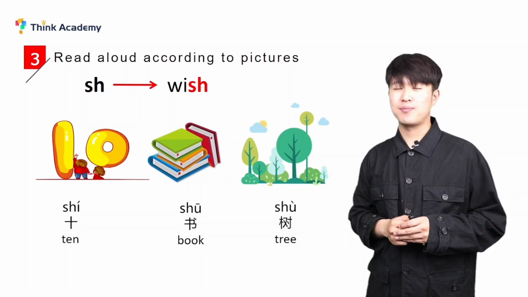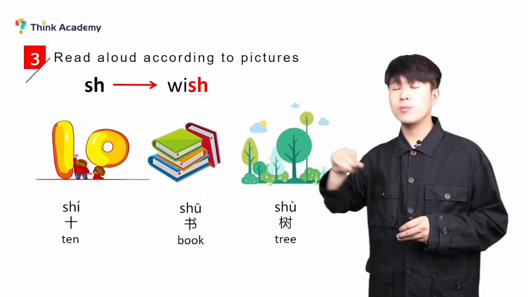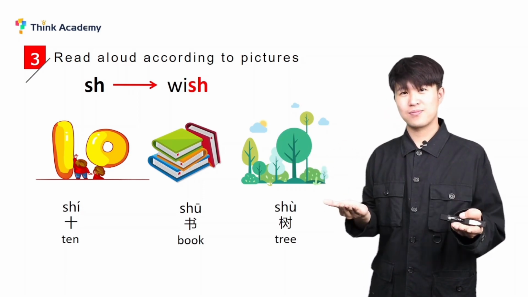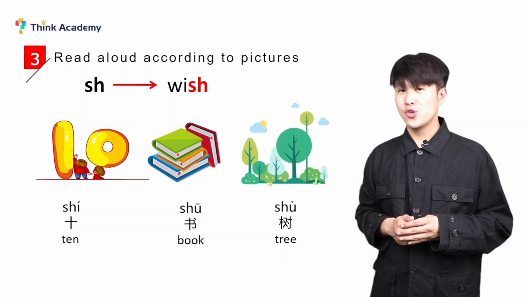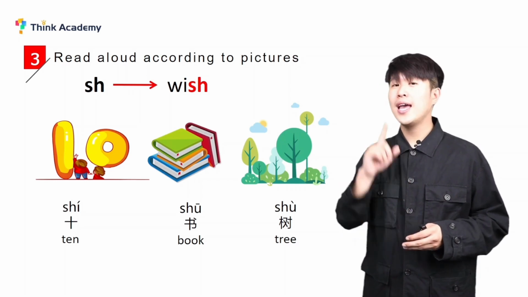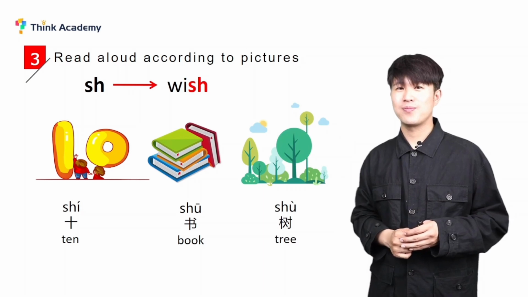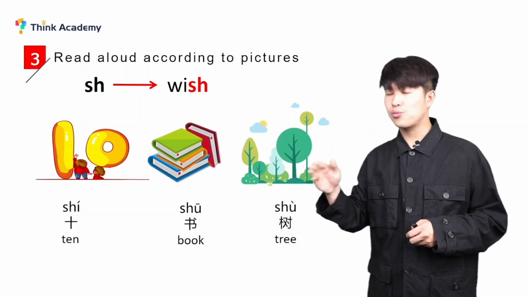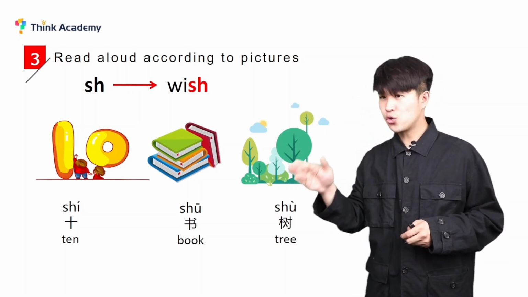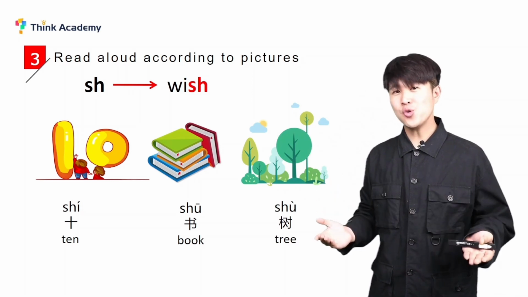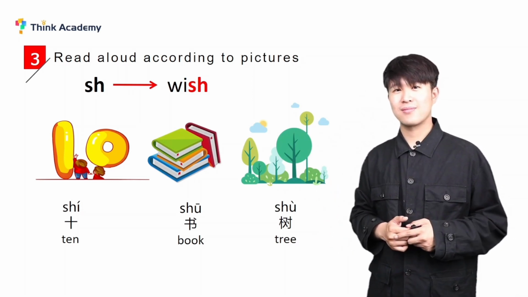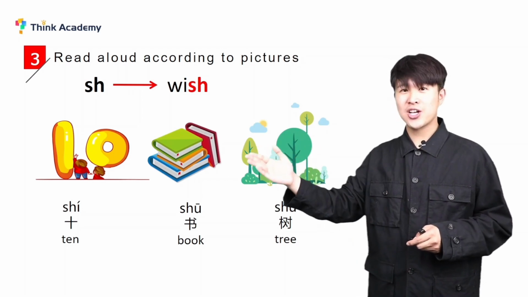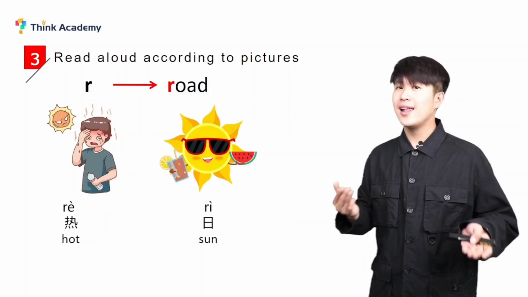Book in Mandarin. 书。A book, 一本书。Tree in Mandarin. 树。Yes, a tree. 一棵树。Last page.